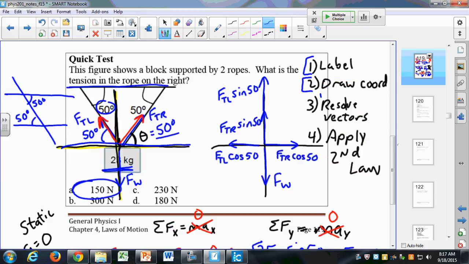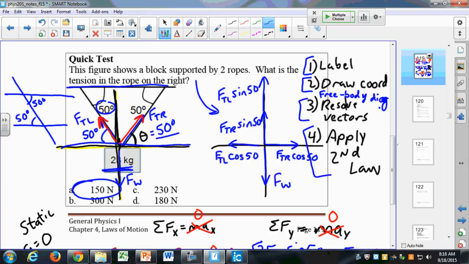This is also called a free body diagram sometimes. A free body diagram is just this thing, when we draw all the forces that are acting on a particular object. You resolve the vectors, and then you apply Newton's second law.